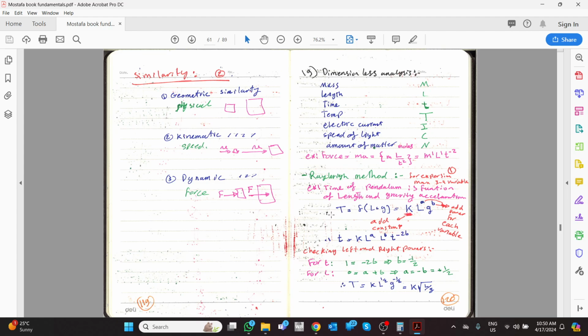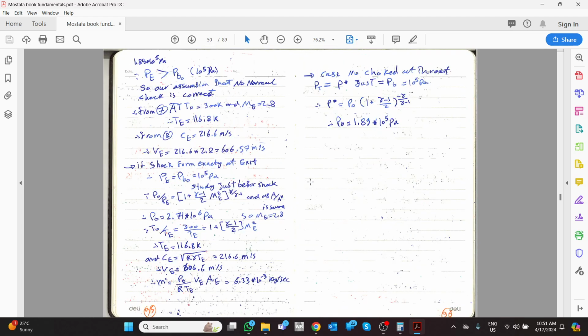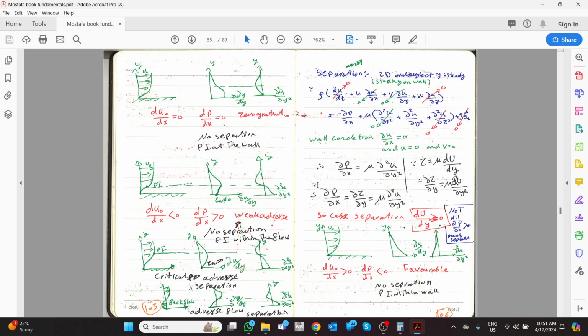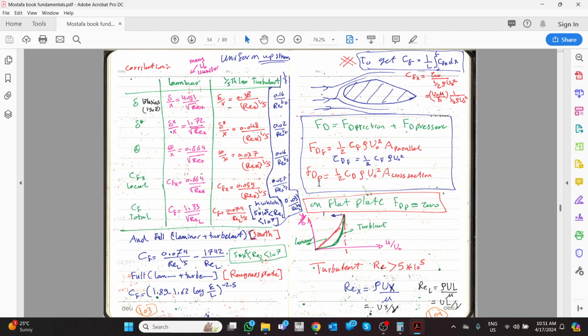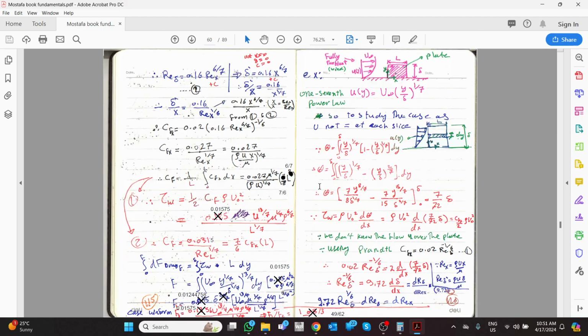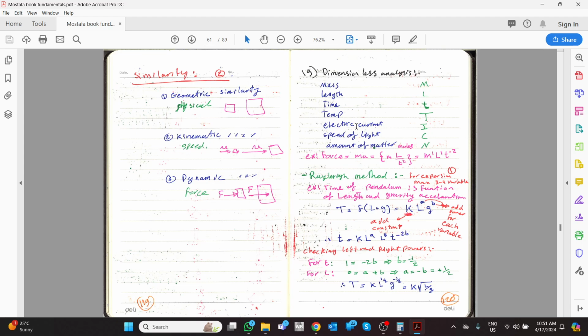Now we need to check another subject named dimensionless analysis. Okay, everything before was hydraulic modeling, Navier, control volume, boundary layer, potential flow. If we neglect all of these parameters and methods, we can say a property is a function of certain other properties.